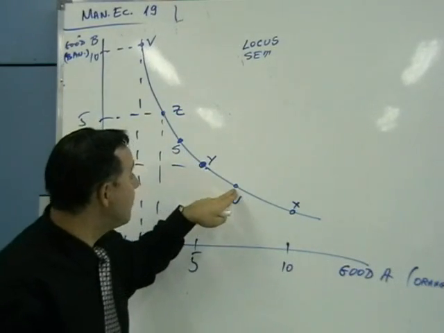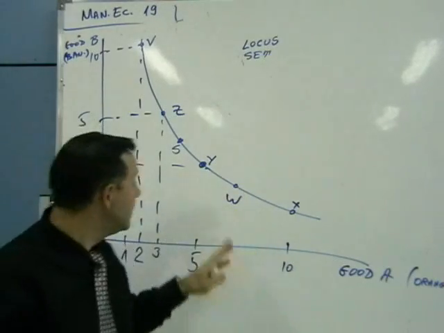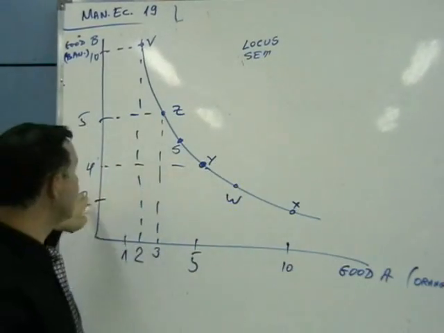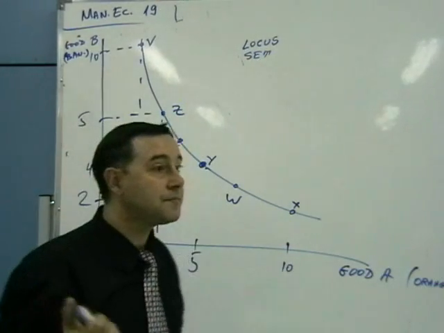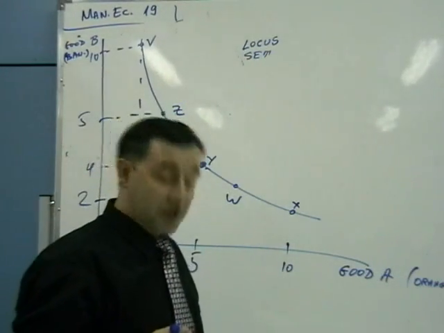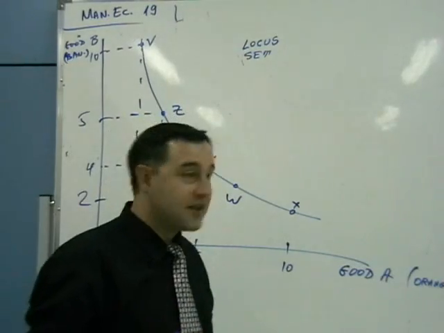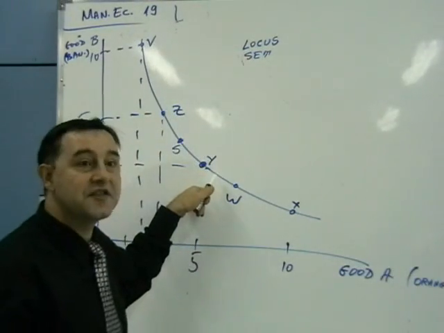In other words, W represents a bundle of good A and good B, and S represents a different bundle. So he doesn't care whether he eats 5 oranges and 4 bananas. Correct. This is exactly what the indifference curve says.